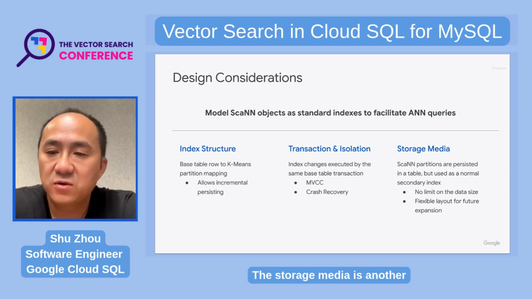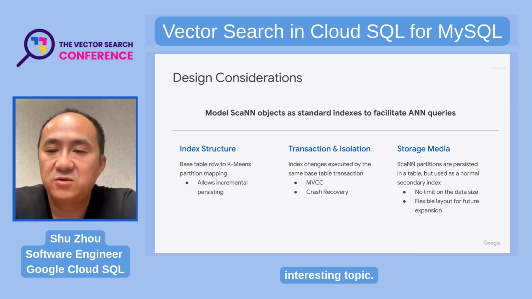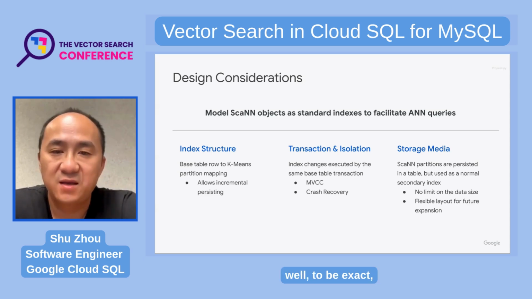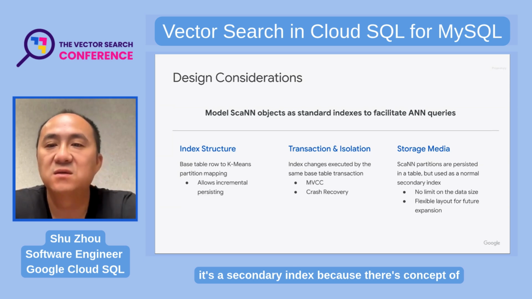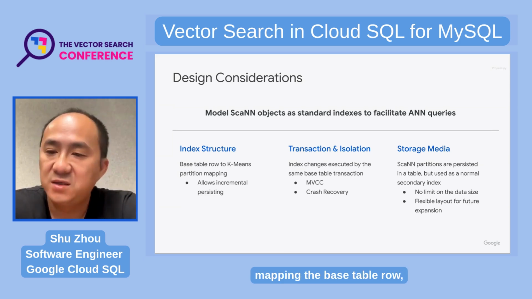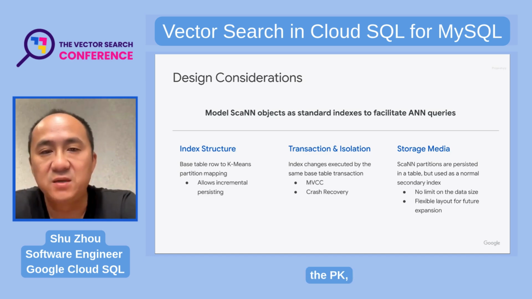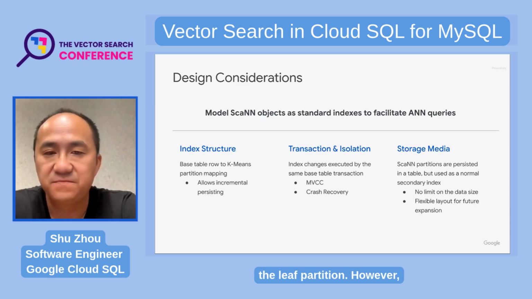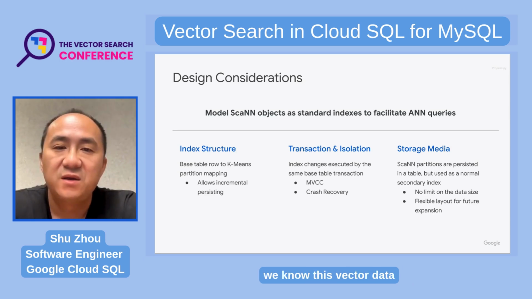The storage media is another interesting topic. We know logically the scan partition is modeled as an index. Well, to be exact, it's a secondary index because there's a concept of mapping the base table row, the PK, and the partition information, the leaf partition. However, we know this vector data is also quite large, with possibly thousands of dimensions.